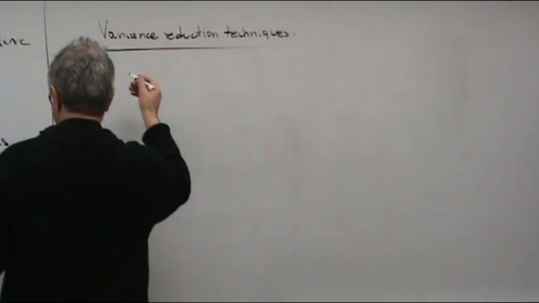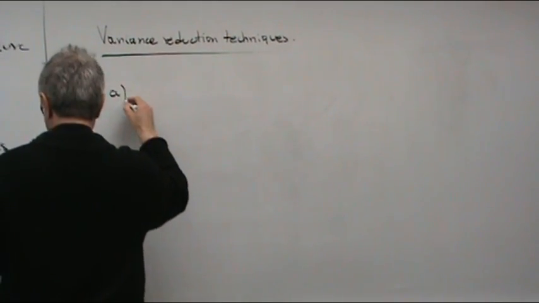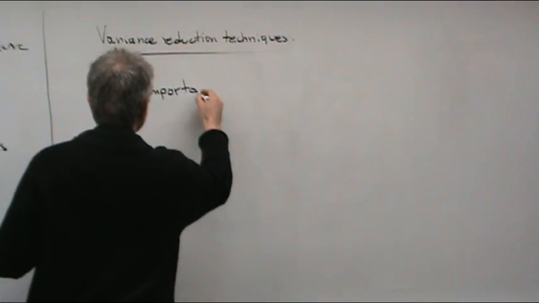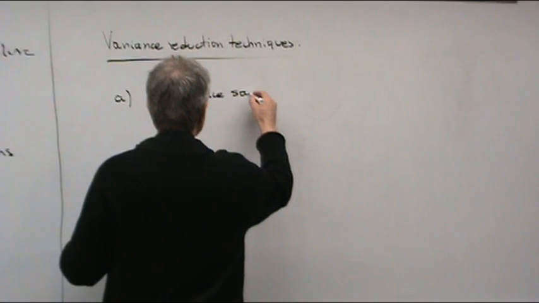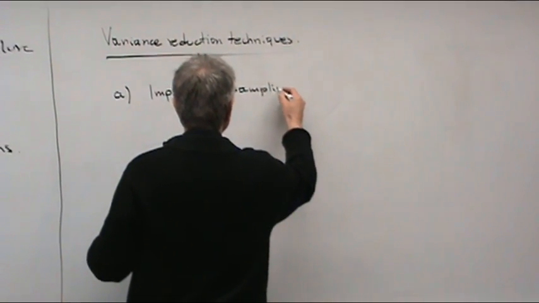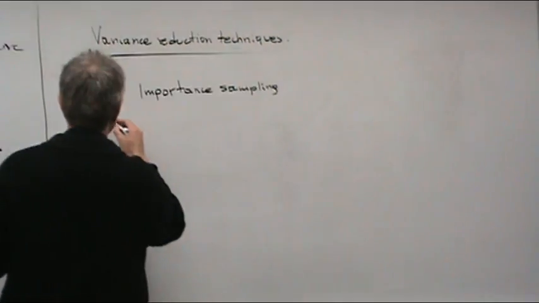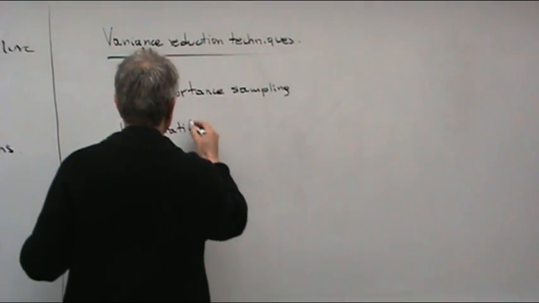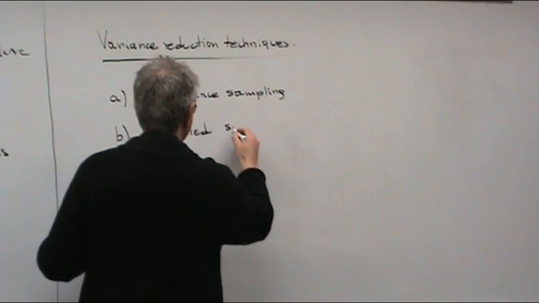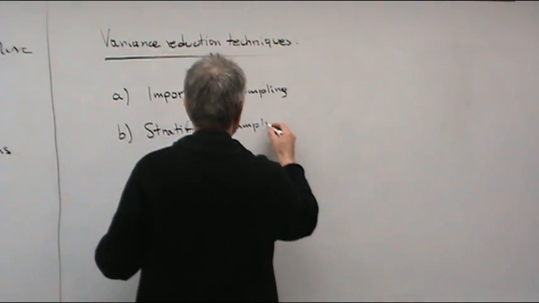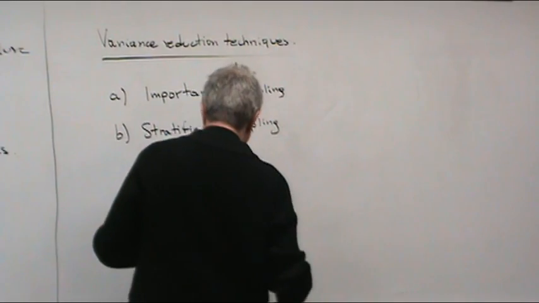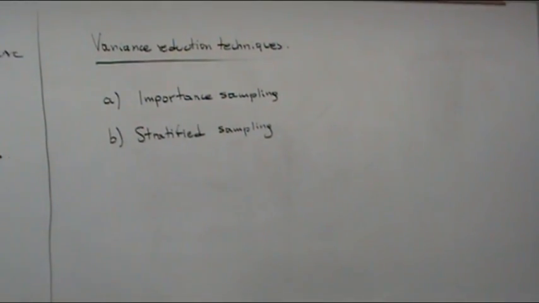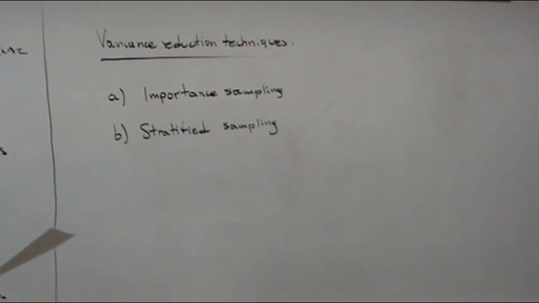Okay, two methods will be discussed. One is importance sampling, and the other is stratified sampling. The most common method is actually importance sampling. So we'll talk about importance sampling.